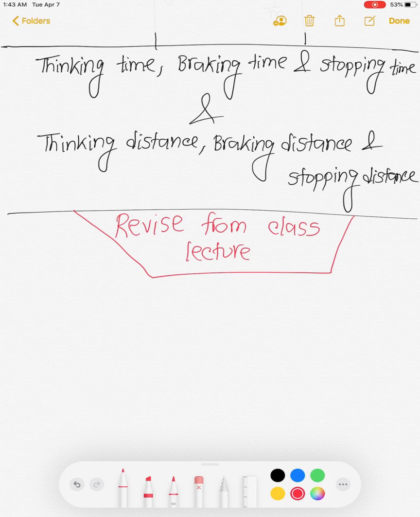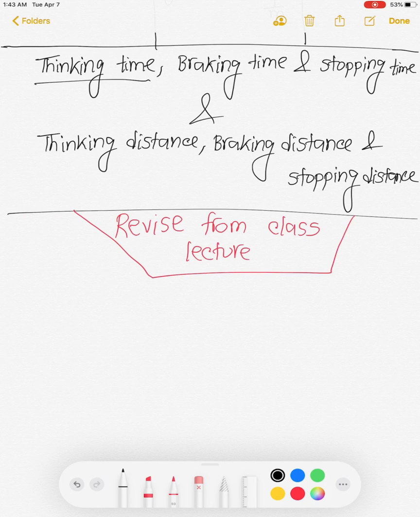Okay, so first of all, the thinking time. What is this thinking time? This thinking time is the time taken by the driver when he sees an obstacle, right? Like a driver is driving a car or vehicle and he sees an obstacle in front of him. Now it will take a certain amount of time for him to react, like if he must apply the brakes or not.